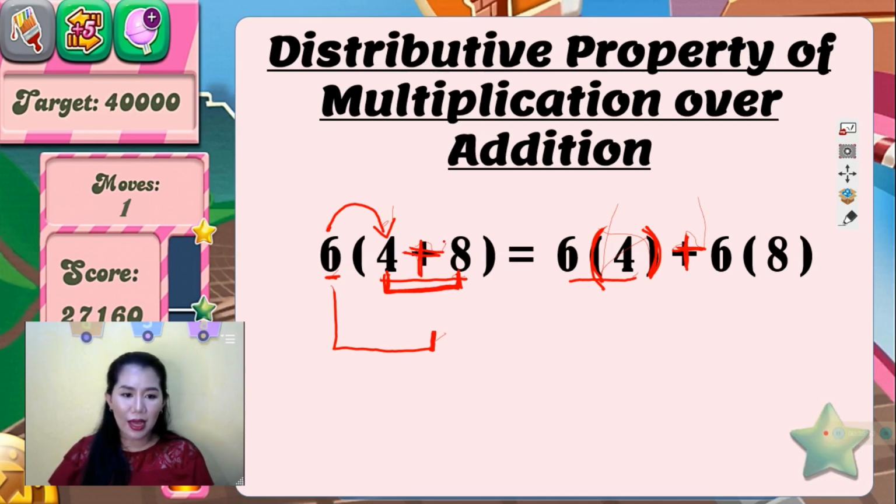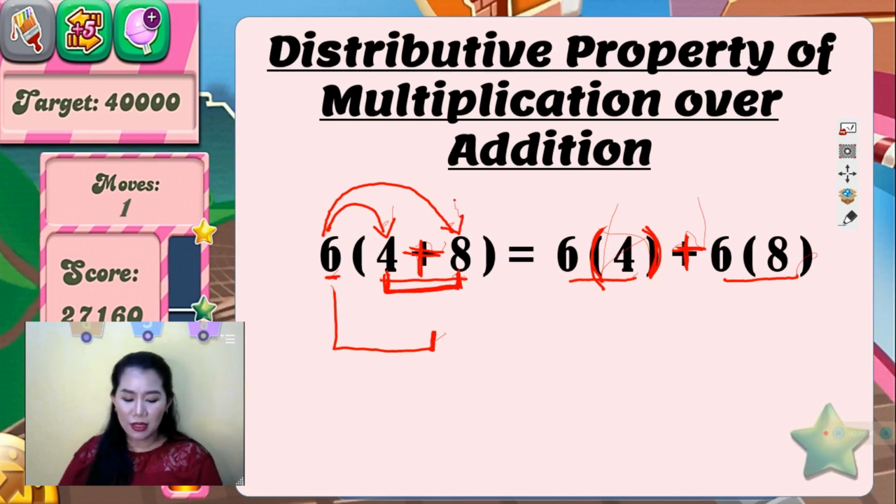Alright? And then, next, saan naman galing tong 6 times 8 dyan? Yang 6 times 8 na yan ay galing dito. 6 times 8. You see? Kaya tayo nagkaroon ng 6 times 8 dito. Okay?